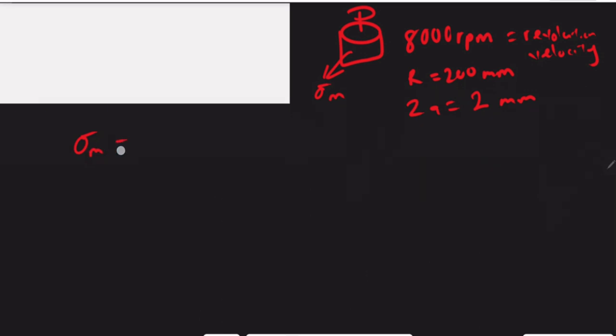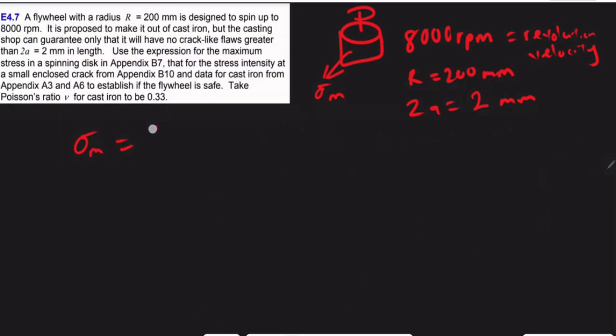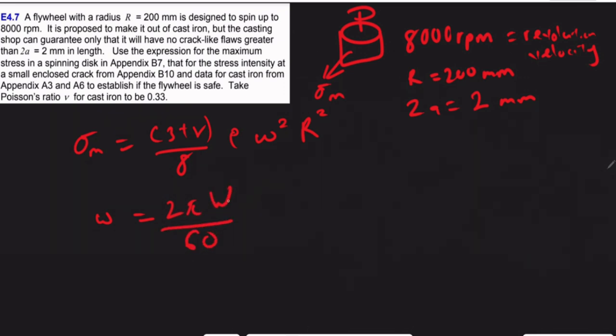Sigma m is equal to (3 plus v, which is Poisson ratio) divided by 8, times the density of the material, times the angular velocity, since it's a spinning wheel, times the radius of the spinning wheel, all raised to power 2. Also, angular velocity is given by 2 pi w all over 60, where w here is the rotational velocity that we have here.